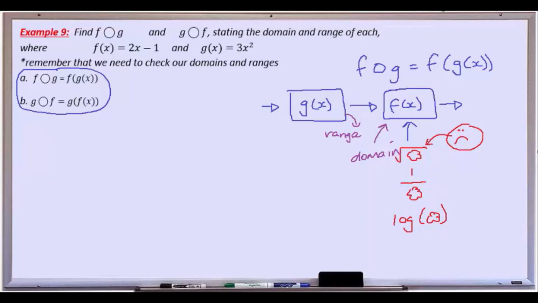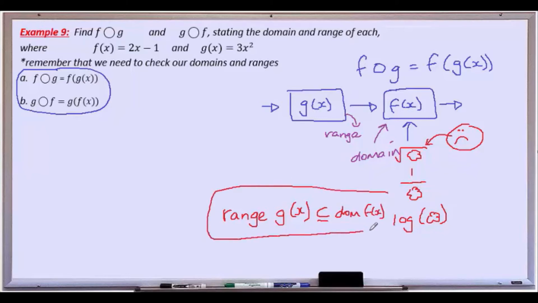So therefore we have a rule that says my range of g of x must be included in my possible domains, so it must be a subset of or equal to my domain of f of x. And that's my rule for how I make composite function goff work.